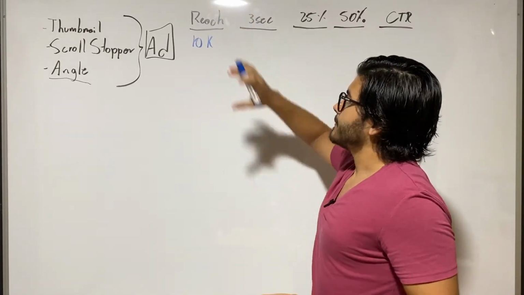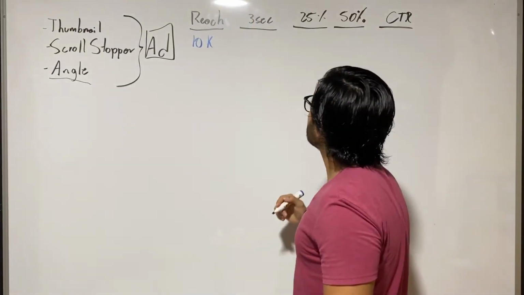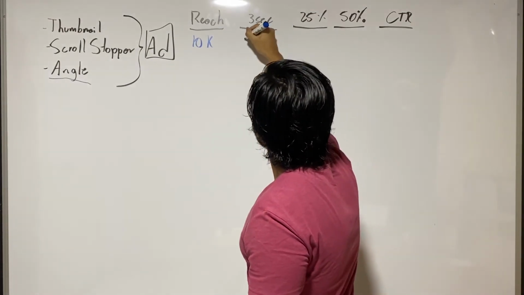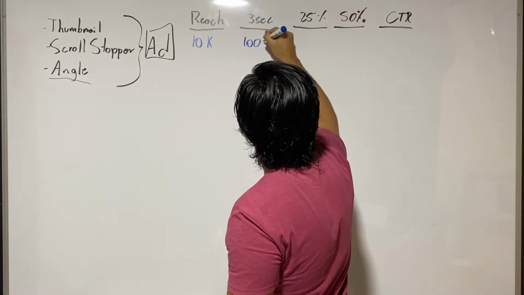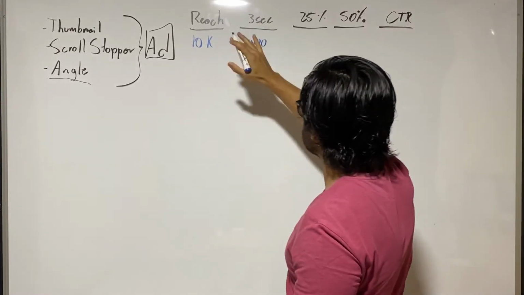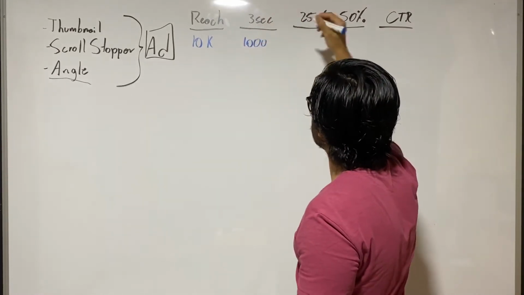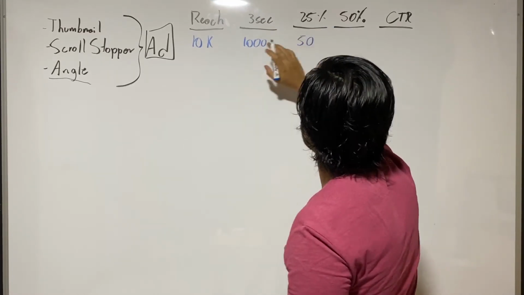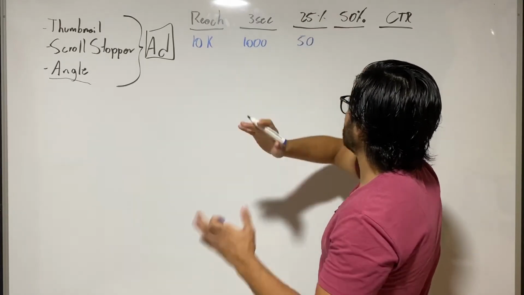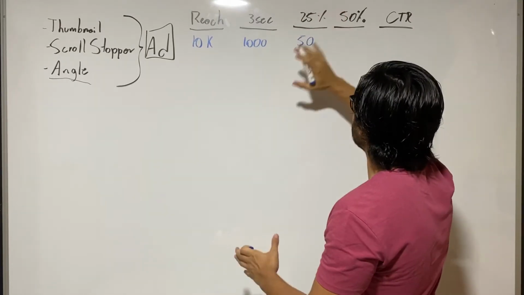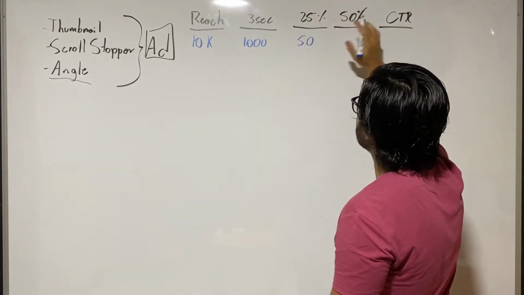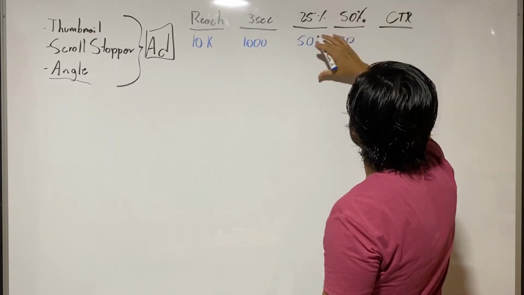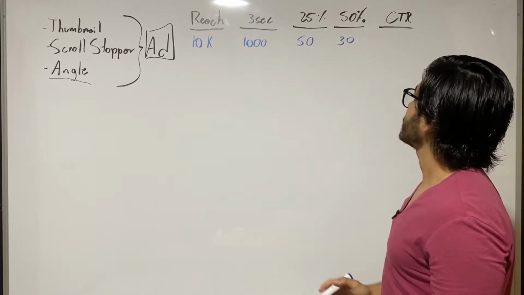From these 10,000 people, only, let's say, 1,000 people saw the first 3 seconds of your video. From these 1,000 people, only 50 people continue watching the video until 25% of the video, and from this, only, let's say, 30 people continue watching until 50% of the video.